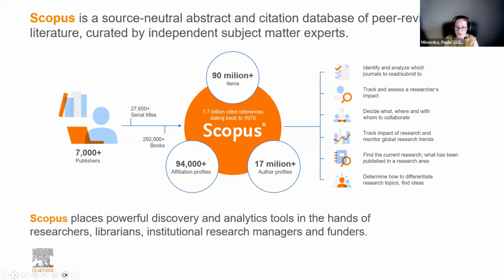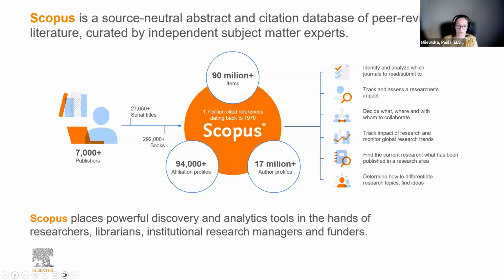So Scopus wants to show you information about all relevant, good quality sources coming from different countries, not only Elsevier, of course, but from more than 7,000 different publishers. What you can find in Scopus is bibliographic information, abstracts, and also metrics, because this is also a bibliometric database. So this is a little bit different story than ScienceDirect.